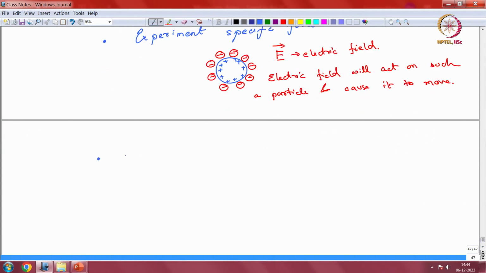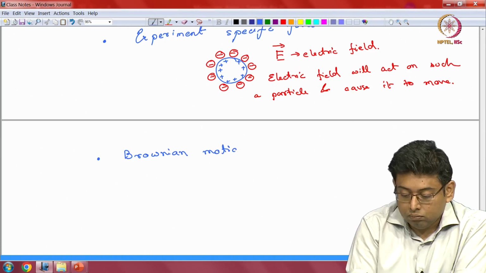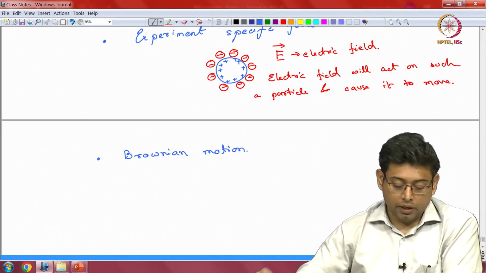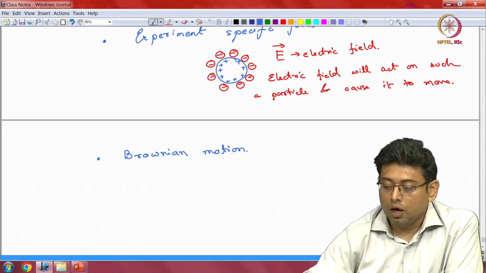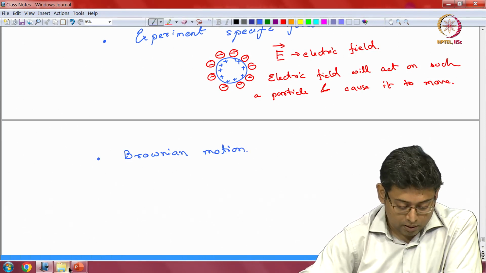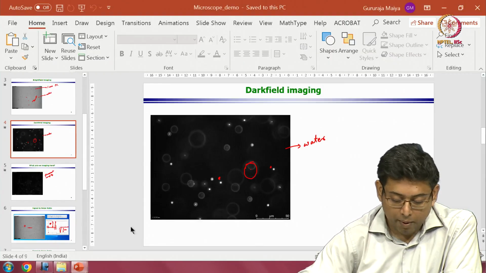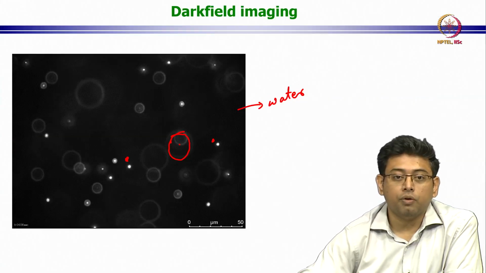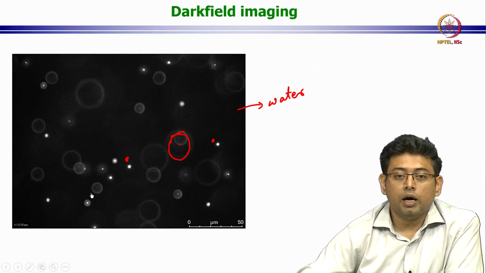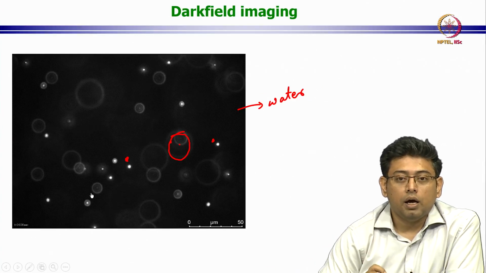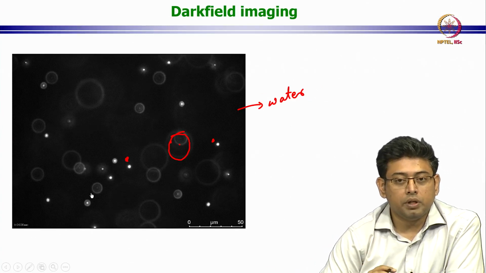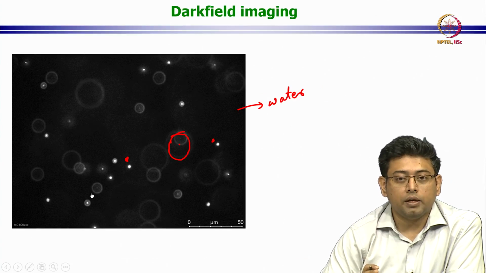Another point is Brownian motion. Now, I encourage you to read up on Brownian motion by yourself, but just to illustrate this particular point, I will go back to this particular video that I was showing you before. In this particular video, you have already seen this in the lab, right. This is being taken under a situation where there is no fluid flow that has been imposed, right.